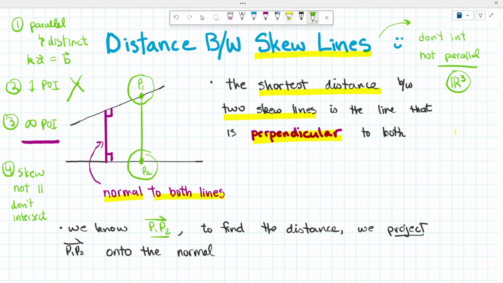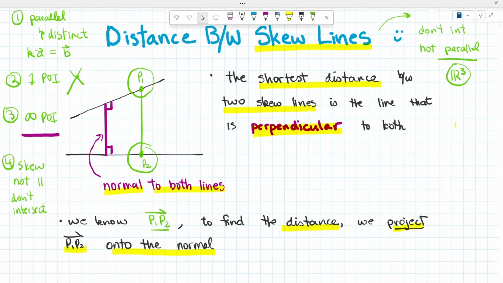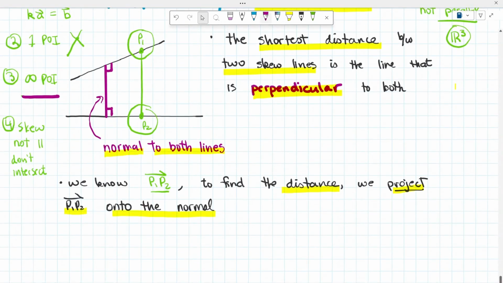Now in order to find the distance between these two lines, we simply have to project our vector P1P2 onto the normal. I'm going to show you what that equation looks like. We're going to call this distance D, the shortest distance between our skew lines.